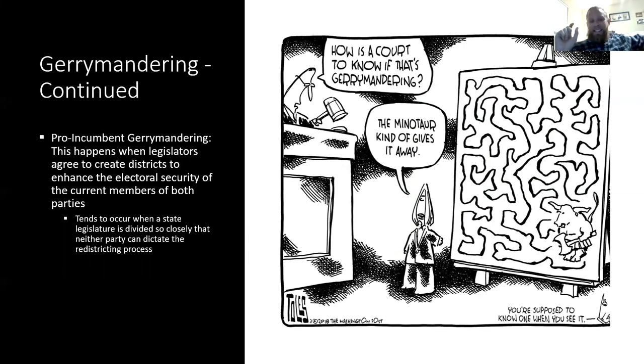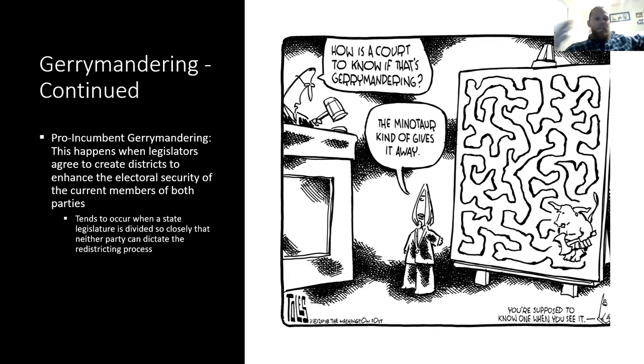Pro-incumbent gerrymandering happens when legislators agree to create districts to enhance the electoral security of both parties. And that's why you get these really squiggly, what the heck does this mean kind of shapes. This tends to occur when the state legislature is divided so closely that neither party can dictate the redistricting process.